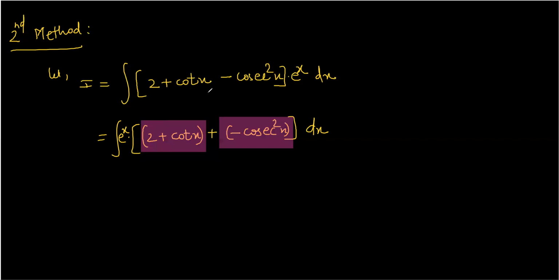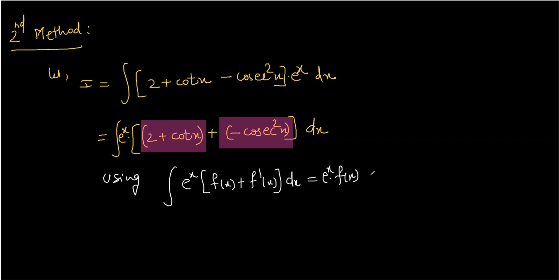So here I write using the result, e raised to x, f of x plus f dash x dx equals e raised to x, f of x plus c. So what we get, therefore, I equals e raised to x into 2 plus cot x plus c. This is the answer.